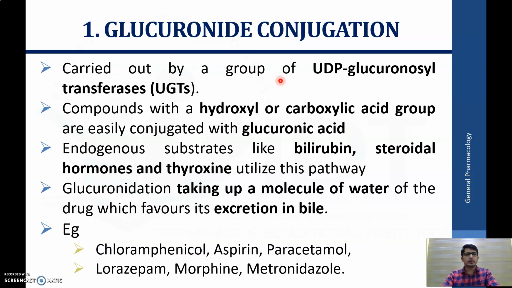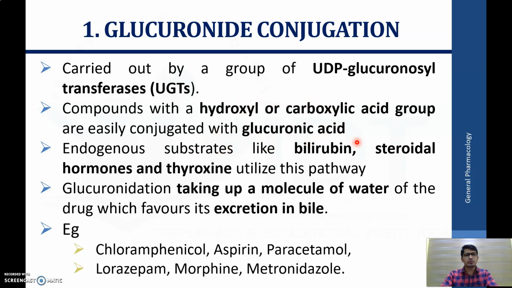Now coming to the glucuronide conjugation. This is carried out by a group of enzymes, UDP glucuronyl transferase or UGT enzyme. Compounds with hydroxyl or carboxylic group are easily conjugated with glucuronic acid.